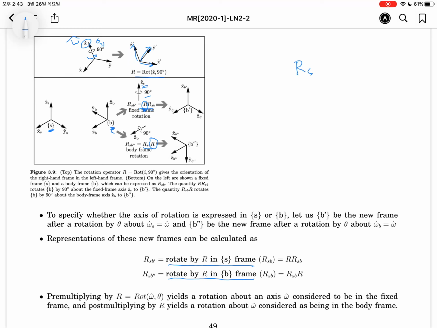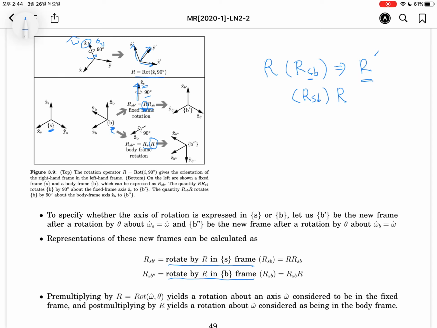Okay, I think it's better to memorize these two concepts. For a given rotation matrix, another rotation matrix is applied to the front side and the back side. The same notations are multiplied both ways. It means R prime can be obtained by using the space frame rotation. Okay, the 90-degree one.